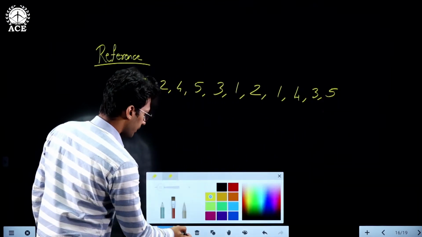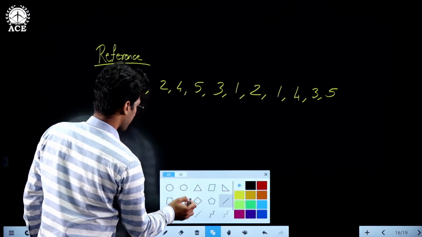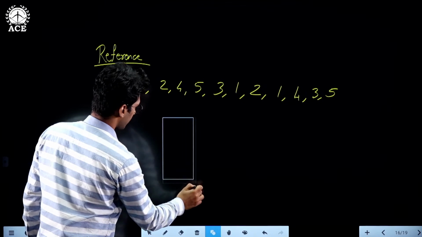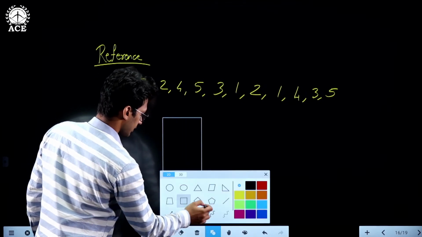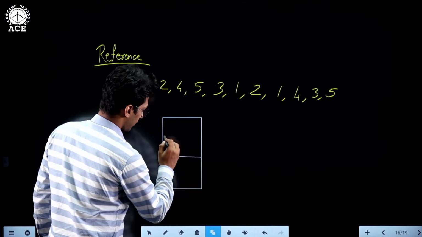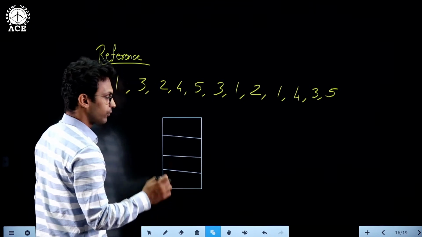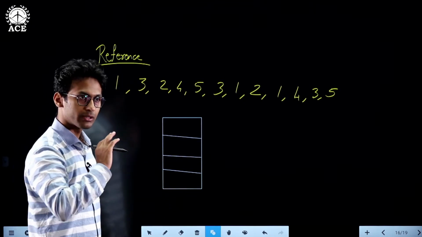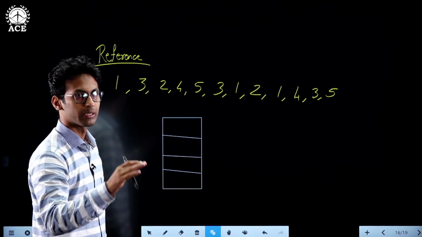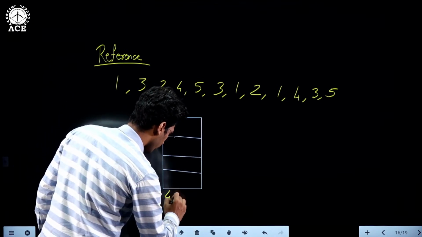Now how will that optimal page replacement algorithm work? Just have a look at this one. Consider 4 frames. Okay, you try it out with 3 frames, 2 frames, 4 frames, 5 frames. Different frames. Let me consider 4 frames here.